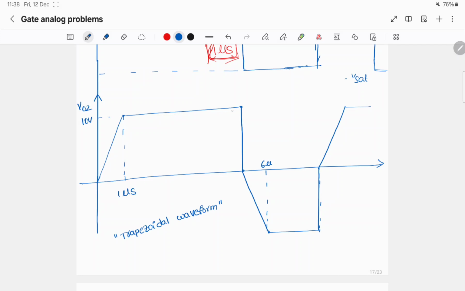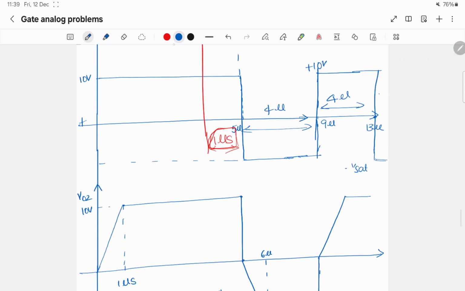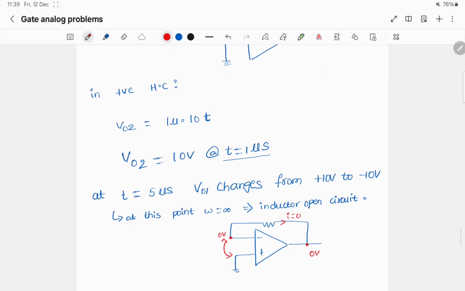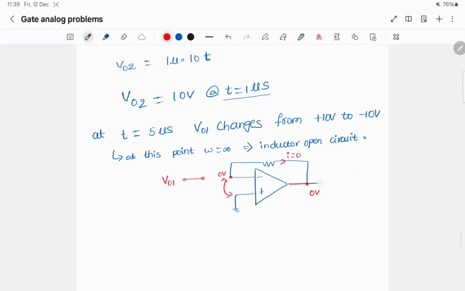After that, it will stay at 10 volts till 5 microseconds. At t equals 5 microseconds, VO1 changes from plus 10 to minus 10 volts instantaneously. So the frequency content here is infinity. For this sudden change, the inductor will behave as open circuit. So the output will become 0 volts because of virtual short.